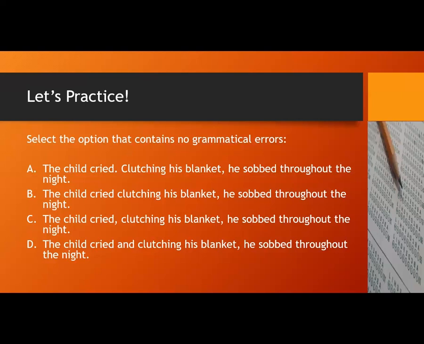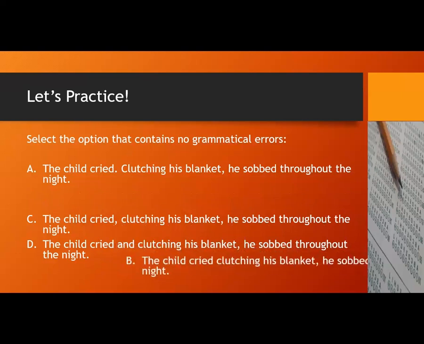Option B has no comma between the two independent clauses, which creates a run-on. Even if you feel that clutching his blanket might be a part of the first clause, a comma is used to separate the two clauses. That creates a comma splice, which is also a run-on, which is a grammatical error, so B is out. Option C has a comma between the two independent clauses.